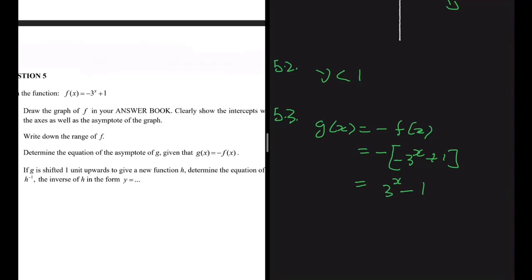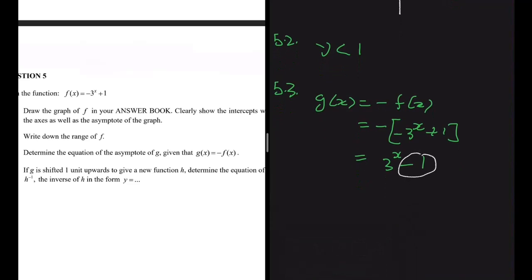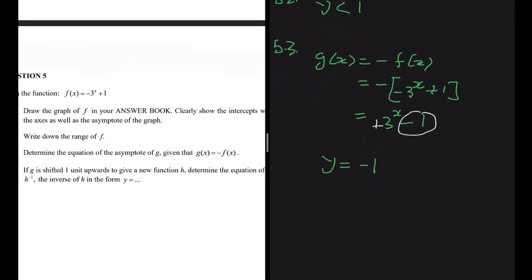I've already said that this term here is our asymptote. So for 5.3, the asymptote of g will be y is equal to minus 1. And just a side note, because we have a plus here and not a minus, we would expect our graph to be above the asymptote, right?